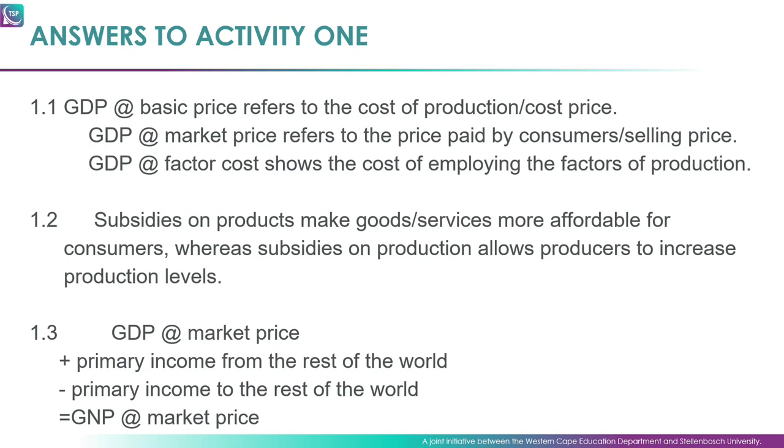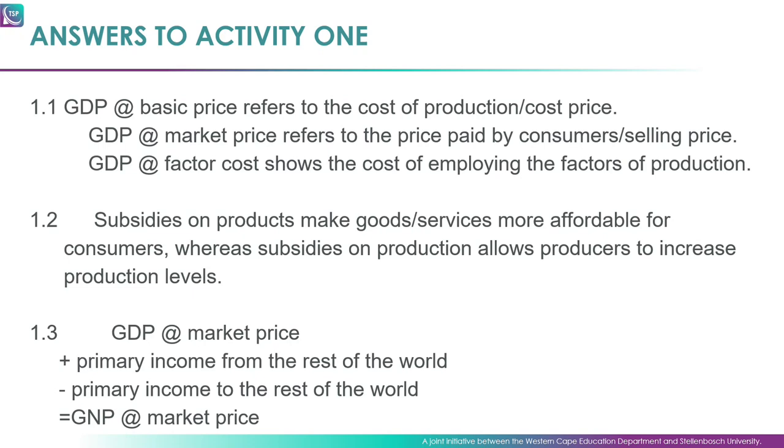And then the last question was, how do you convert GDP to GNP? And there we've got the GDP at market price plus primary income from the rest of the world minus primary income to the rest of the world. That is equal to our GNP at market price.